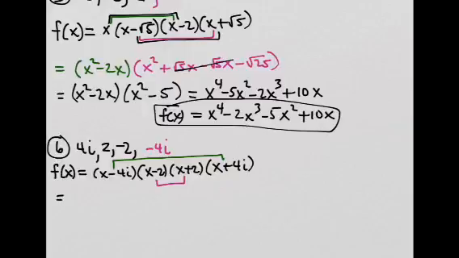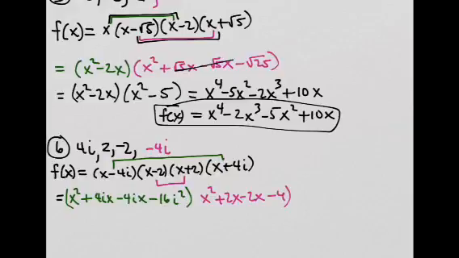So that's going to be x squared plus 4ix minus 4ix minus 16i squared. And then the pink ones, x squared plus 2x minus 2x minus 4. Okay, now we're going to simplify. The 4ix minus 4ix, that's gone. So let me just write it like this.